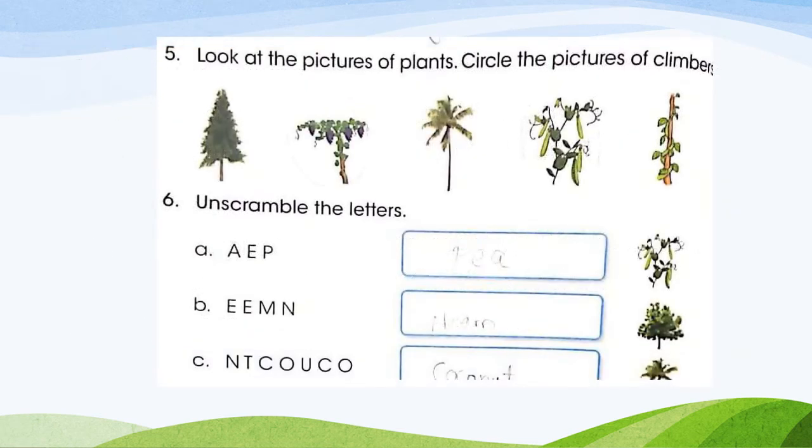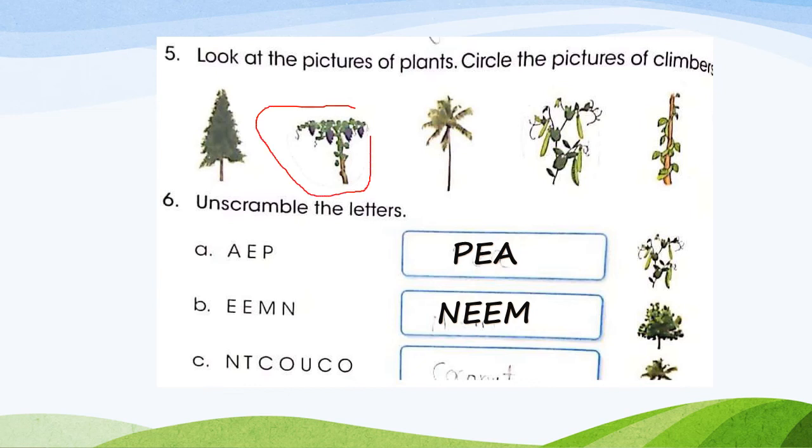Look at the picture and circle the picture of the climber. So students, I hope that you can do this. Look at which one is your climber. This grapevine is the climber. Okay, let's circle this part.